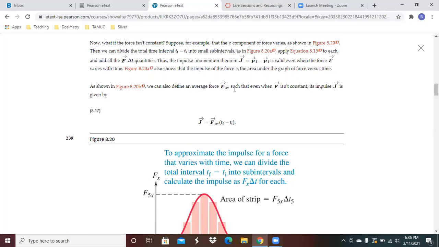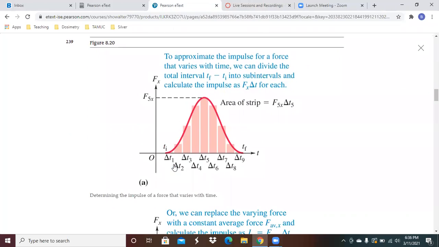So we can also define an average force such that when F isn't constant, the impulse J is going to be effectively given by the average force over that change in the amount of time. So if we're going to approximate the impulse for a force that varies with time, we can take the total interval from Ti to Tf and divide it into subintervals, which is looking awfully calculus looking.